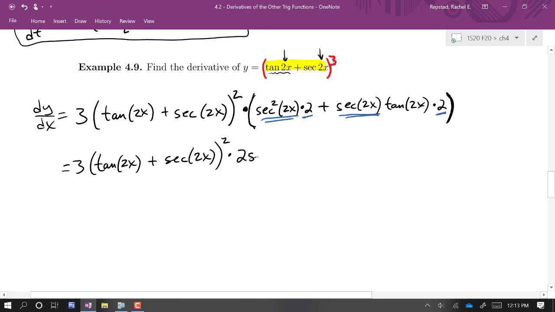We have 2 secant 2x. And then inside, to bring me up to the secant squared, I need to pick up a factor of secant, plus, and for the second term, I took out the 2 and the secant, so I'm left with the tan 2x.